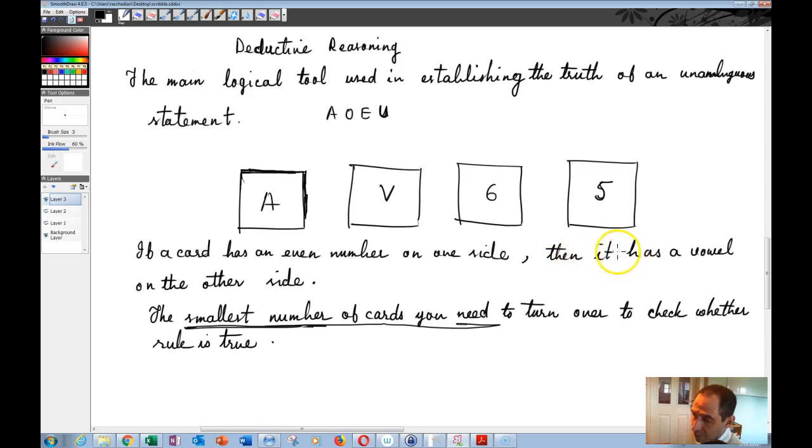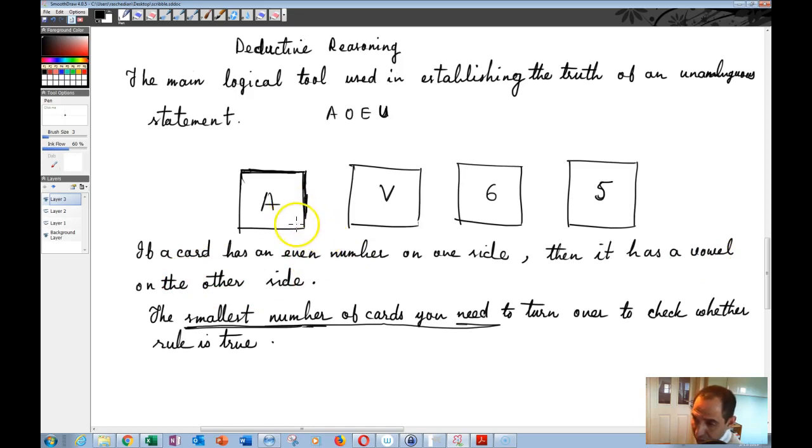And then if there is an odd number on the other side of this card, then of course there could be a vowel on the other side of the card, but the only rule that I have been given, and the only rule that I'm checking is basically if a card has an even number on one side, then it has a vowel on the other side.